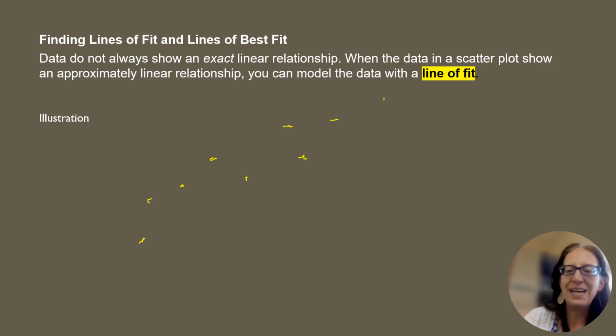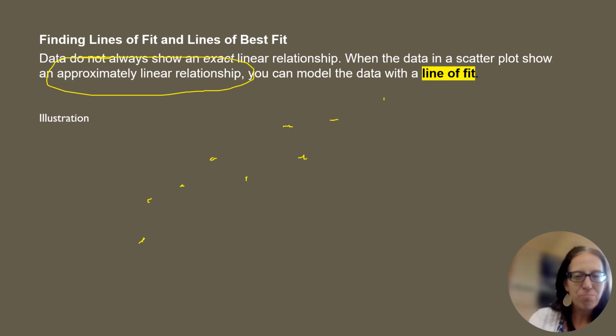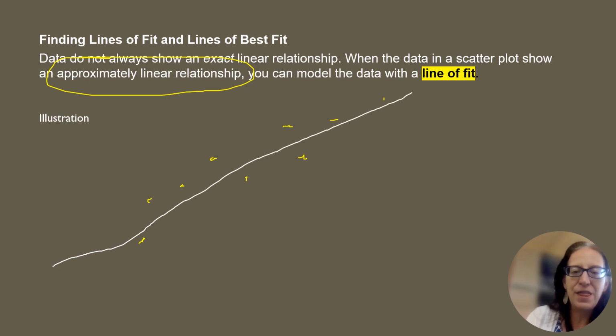So when the data in a scatter plot show an approximately linear relationship, like that looks like it's liney-ish, you can model the data with something called a line of best fit. So a line of best fit would be something like that.